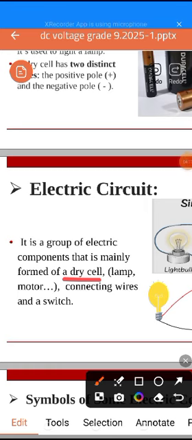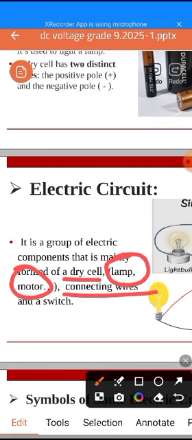It must have a dry cell because it's the source of electric current. We can also put a lamp or a motor. The lamp needs electricity in order to glow, and the motor needs electricity in order to rotate, just like the motor of the fan. We join them by connecting wires, and we can add an on-off switch in order to control electricity.